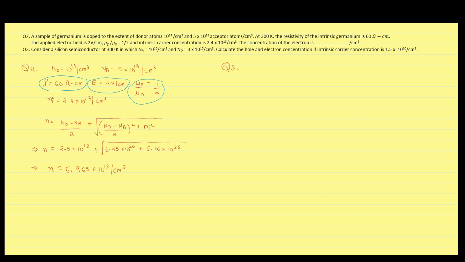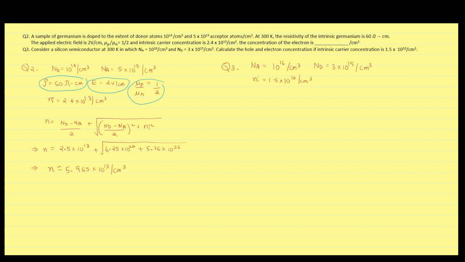For question 3, we have acceptor impurity equal to 10 raised to the power 16 per centimeter cube and donor concentration to be equal to 3 into 10 raised to the power 15 per centimeter cube. Intrinsic carrier concentration is also provided equal to 1.5 into 10 raised to the power 10 per centimeter cube.